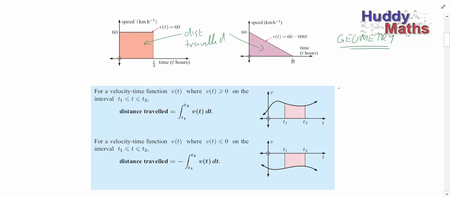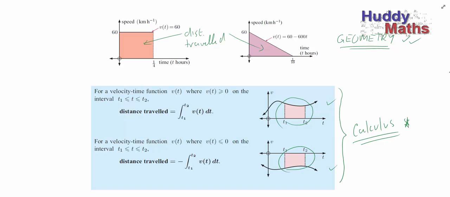But down here, where we have a curve either above or below the axis for velocity with time, the area is not a known shape. That's where we use integral calculus. Calculus to the rescue. We could use it up here as well, but we certainly must use it down here. There isn't another way of finding that area.